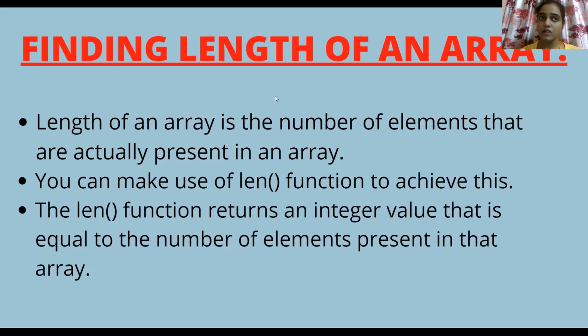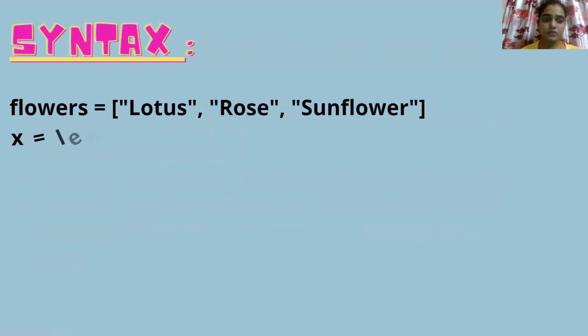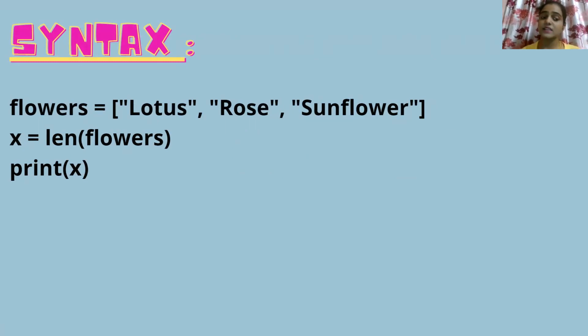That means if in an array there are 3 numbers, then once we use the len function, we can easily understand that yes, there are 3. We get the output as an integer value 3. So we have taken one example to clear the concept of the len function. The same example, just instead of accessing the index number, we use the len function.